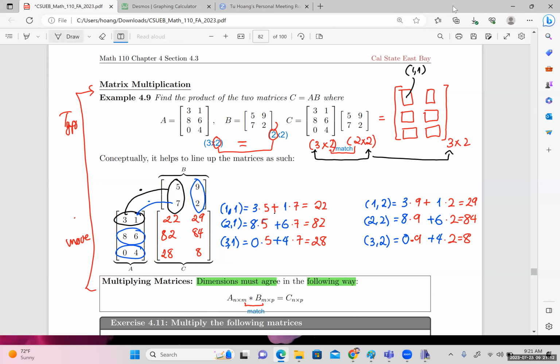And we can come up with the product matrix dimension by using the rows from the first matrix and the columns from the second matrix, which is n times p now. That defines the dimension of the product matrix.